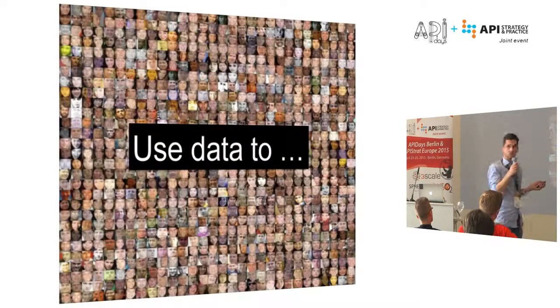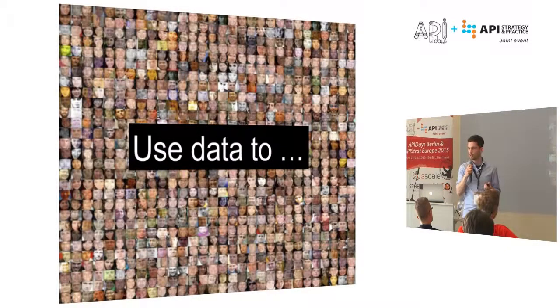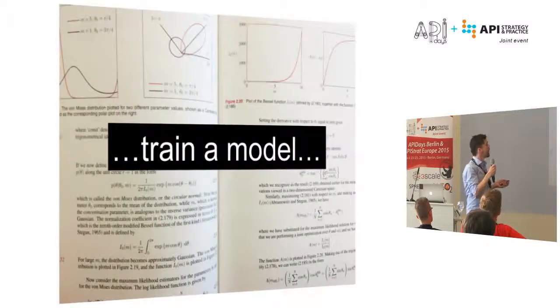So how does this work? Basically, you use a lot of data. In that particular case, a lot of data from facial images. This is what you use as training data, this is called. So you want to learn from examples what a face looks like. And then you train a model, as we also saw in the first talk. So basically how does it work?